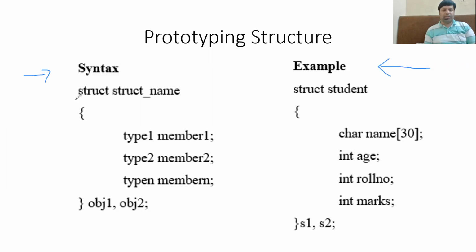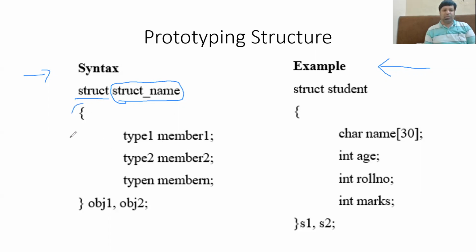The syntax contains, first of all, the keyword struct, followed by the name of any legal identifier, just like a normal variable. You can also use any legal identifier to create a user-defined data type. Then struct, the name of the structure.